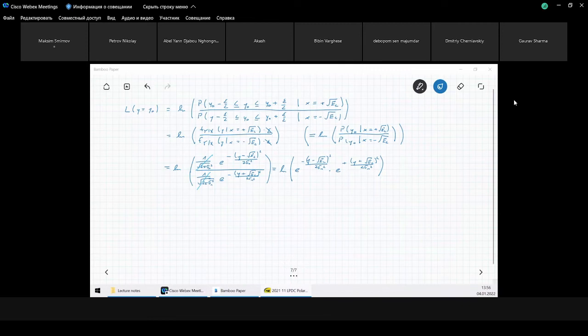And now we can simply combine this. We have the product of exponential functions. This will turn into the sum of the exponents.